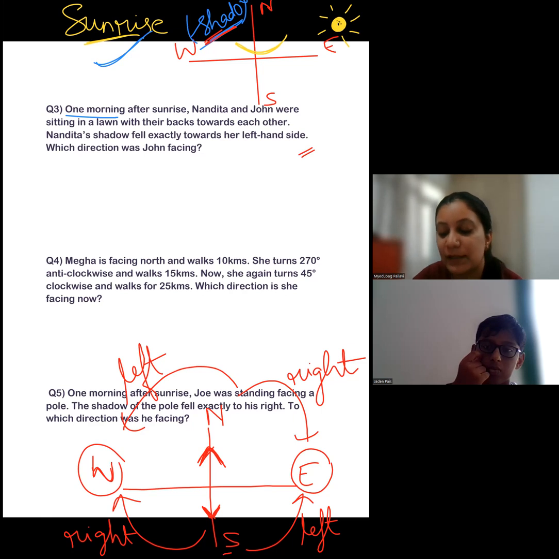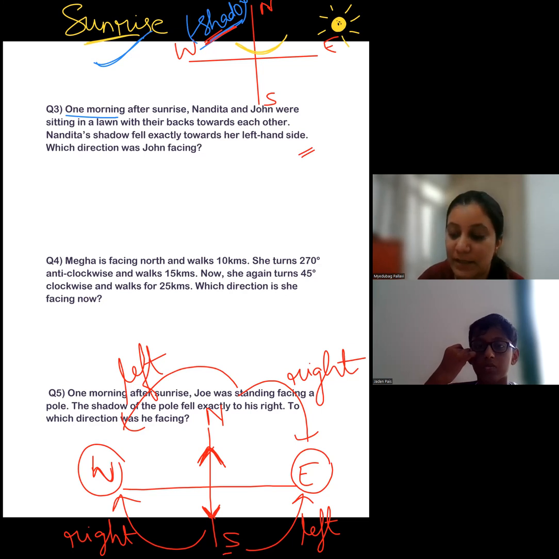Now see, Nandita's shadow fell exactly towards her left hand side. That means Nandita's left hand side. Shadow is where? Shadow is in this direction. Shadow is in the west, no?